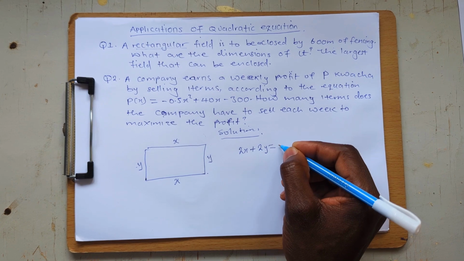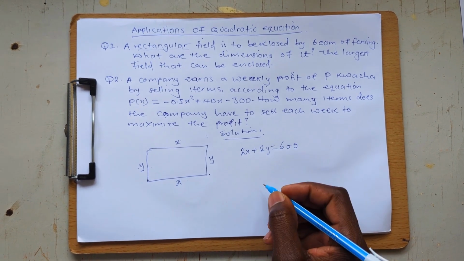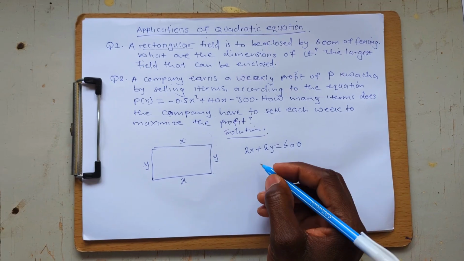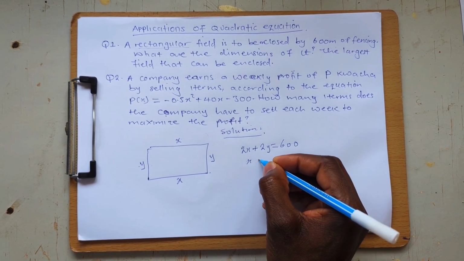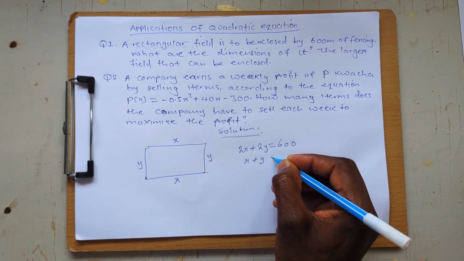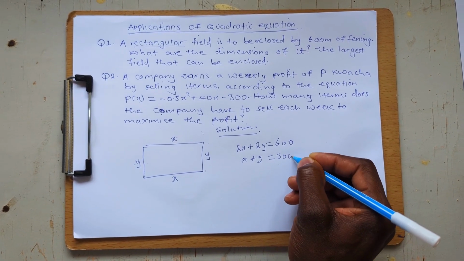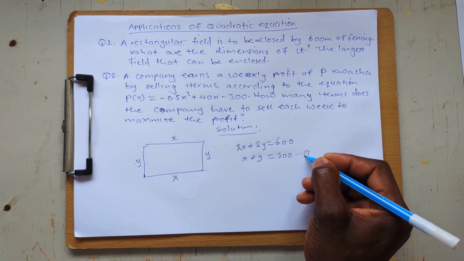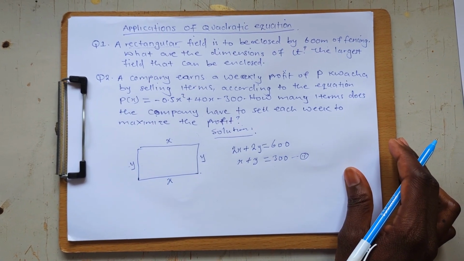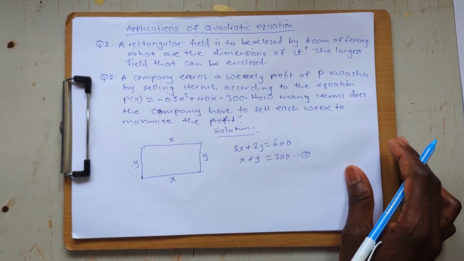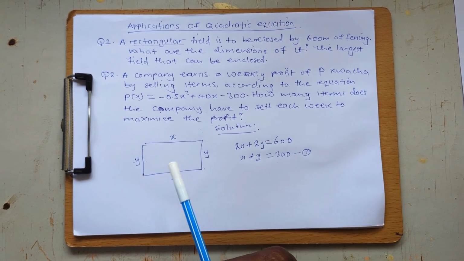The total sum has to be equal to 600. If you divide throughout by 2, you end up having x plus y equal to 300. Allow me to take this to be the first equation because it comes from the perimeter.